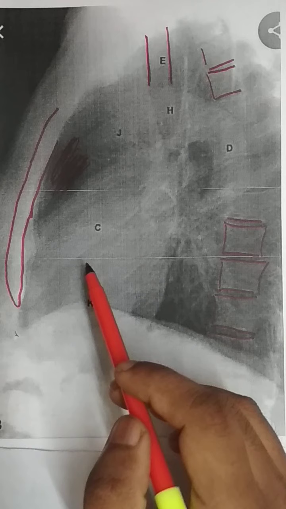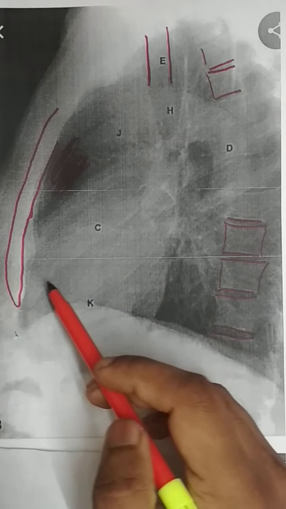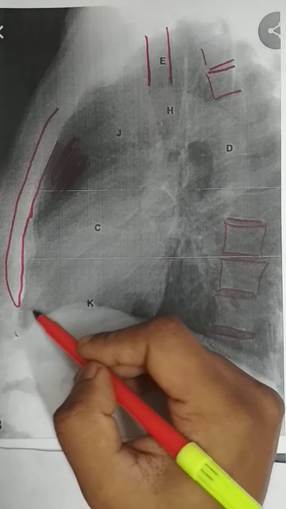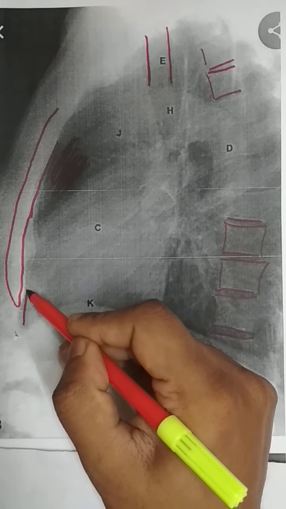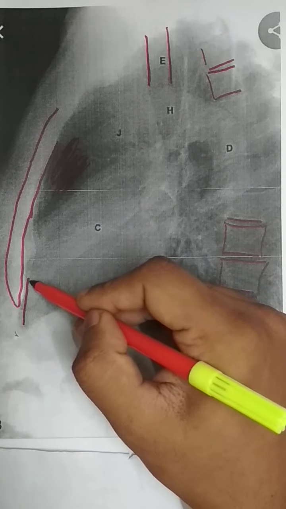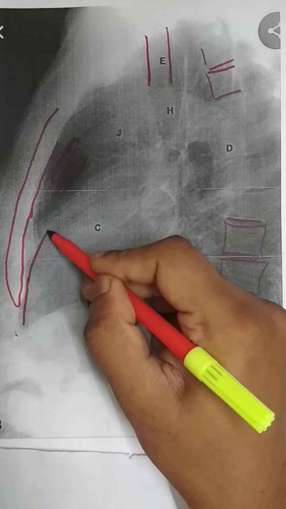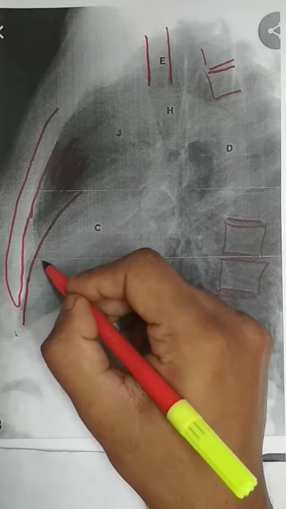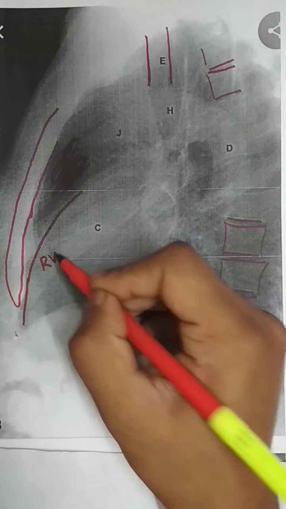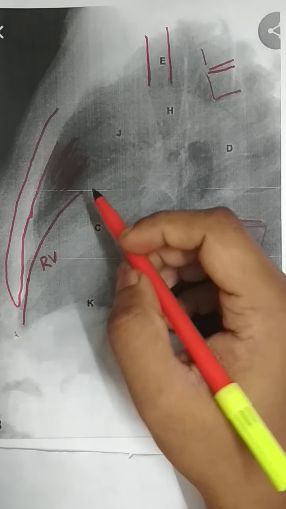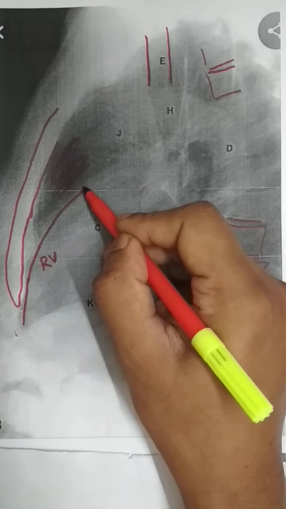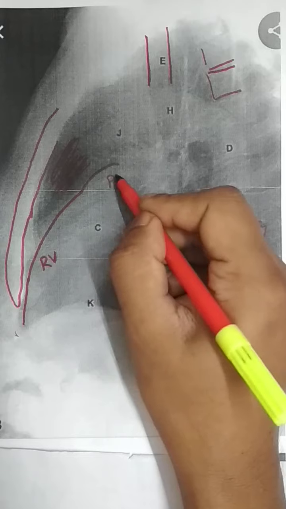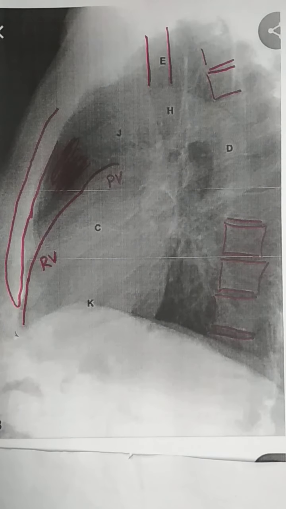Then the heart. Anteriorly we can mark the chambers of the heart. First the right ventricle. Then followed by that there is a small hump, the hump for the pulmonary vein.